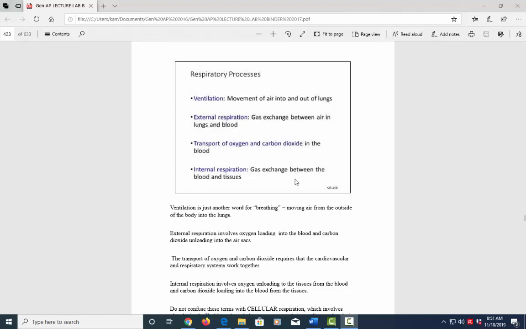Internal respiration is when those gases are already in the blood and we're exchanging them at the level of the tissues to feed the cells. So internal respiration is not exposed to the outside air, where the lungs are bringing those gases, the oxygen, in from the outside air. So external respiration is between the lungs and the blood, internal respiration between the blood and the tissues.